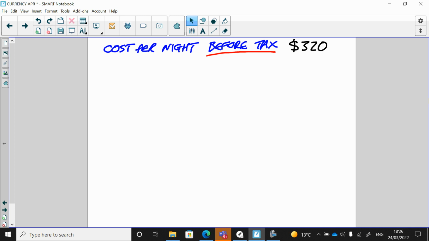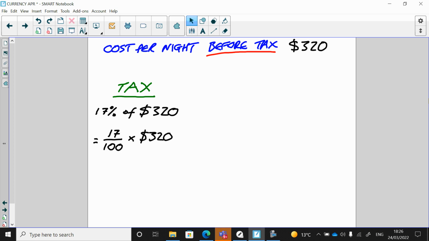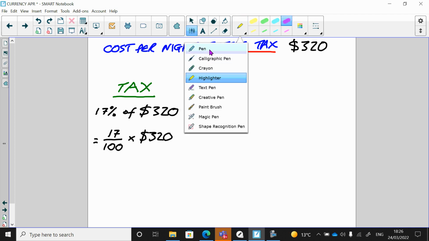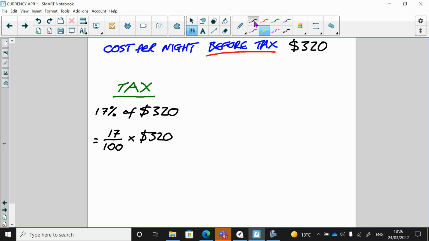Okay, so the cost per night is $320 before tax. We know we're adding on some tax, so let's go and calculate it. It's 17% of the 320. So 17%, we know that's 17 over 100 times 320. For those who like to change the percentage into a divide, I'll just put it on the side here.